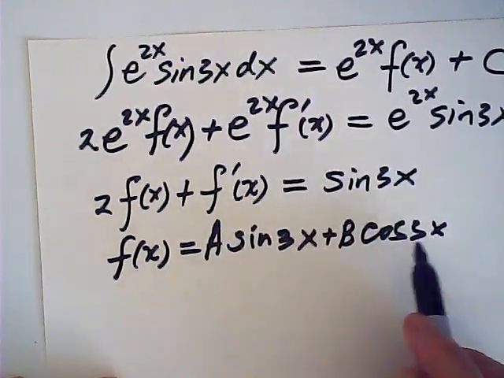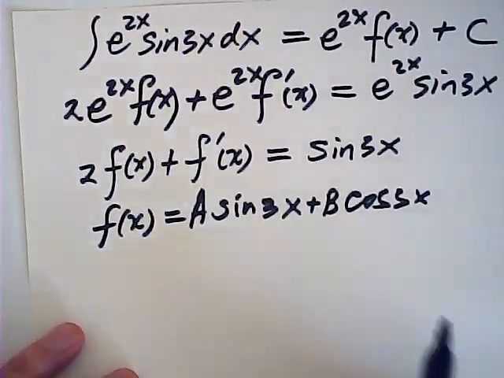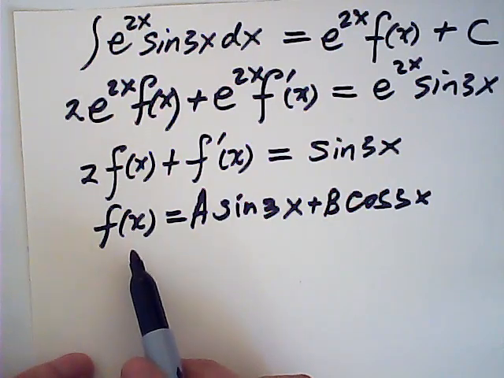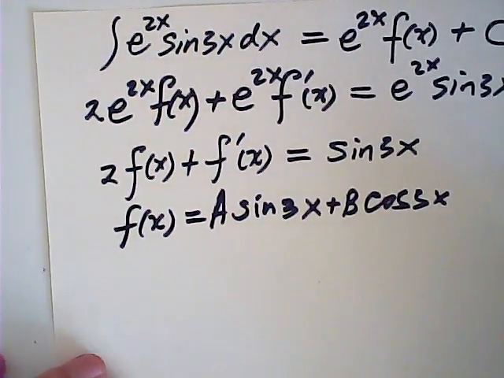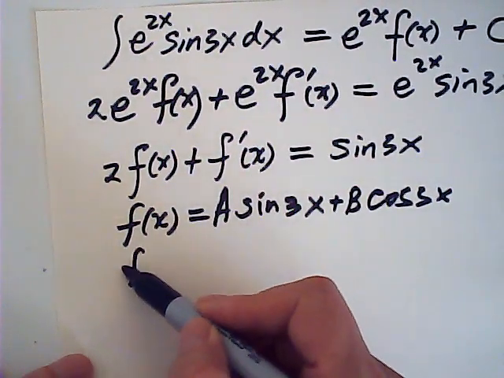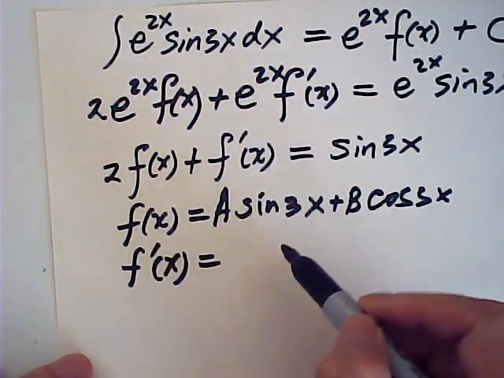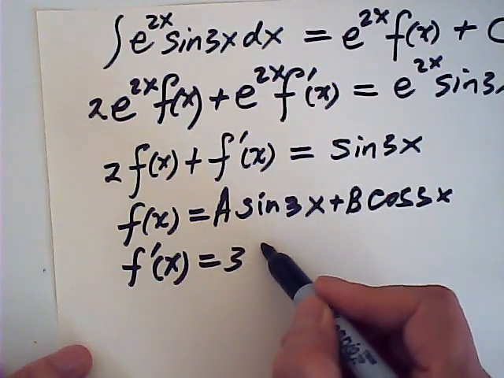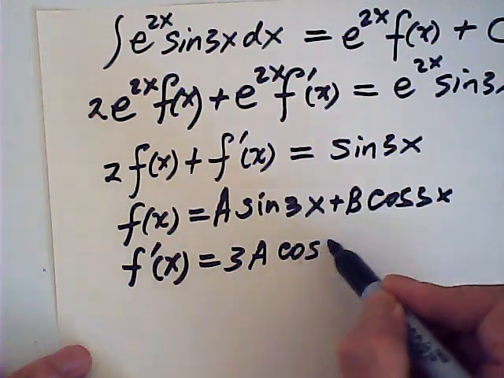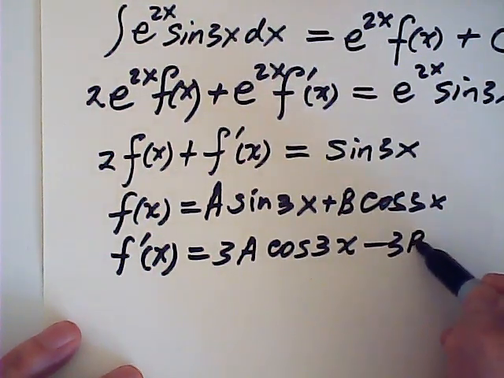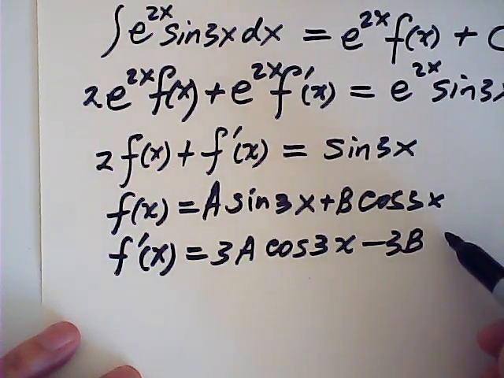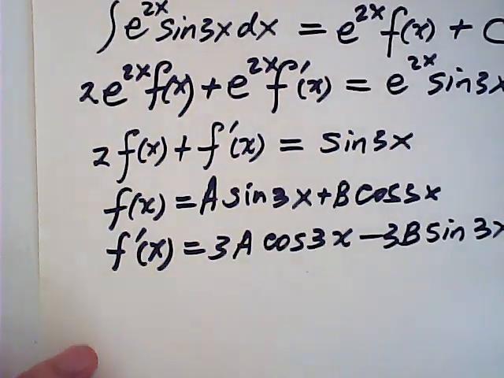So the summation of these two functions will be my f of x. We're just looking for a and b. And f prime of x will be equal to 3a cosine 3x minus 3b sine 3x.